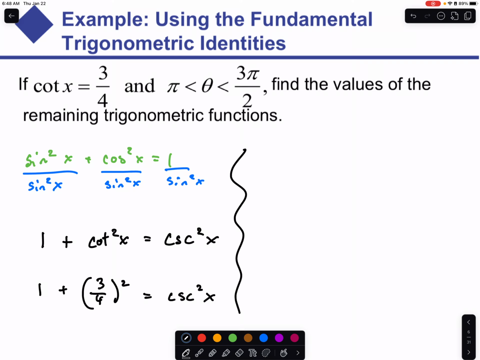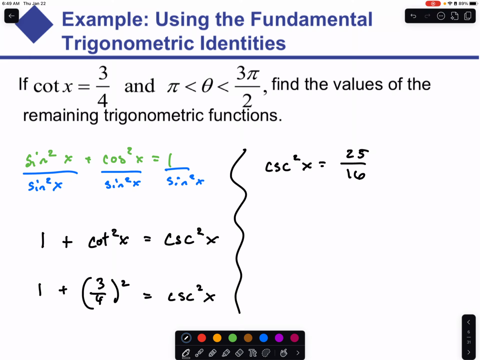So what is that, 9 over 16, so 25 over 16, because 16 plus 9 is 25. So then we're getting cosecant squared x equals 25 over 16. We can take the square root on both sides, so then we'll get plus or minus.